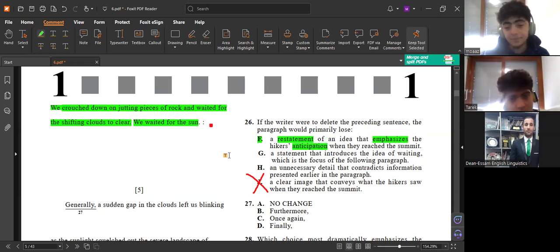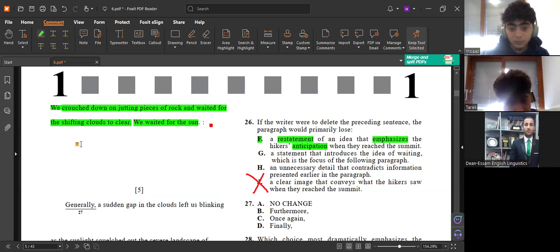They are waiting for something. Anticipation means you are waiting for something. When they reach the summit, look, we waited for the sun. And it's a restatement: waited for the shifting clouds to clear.